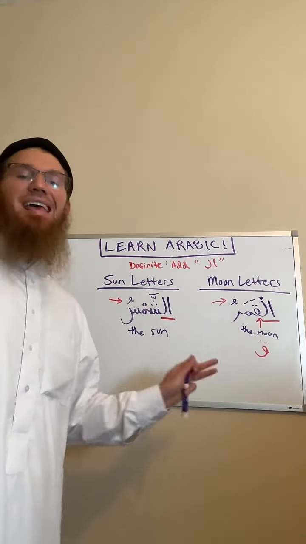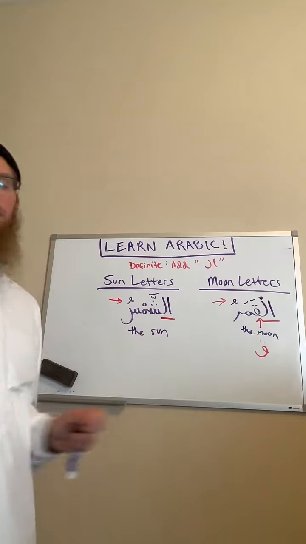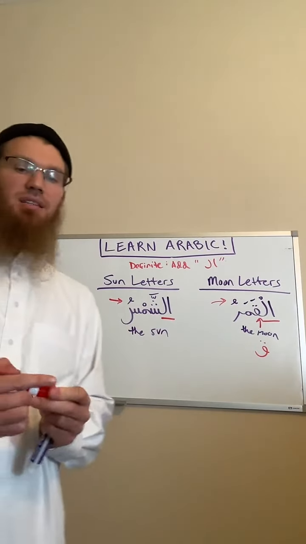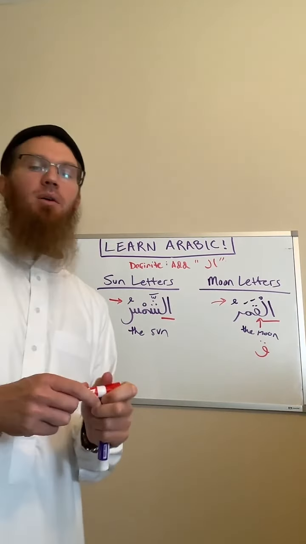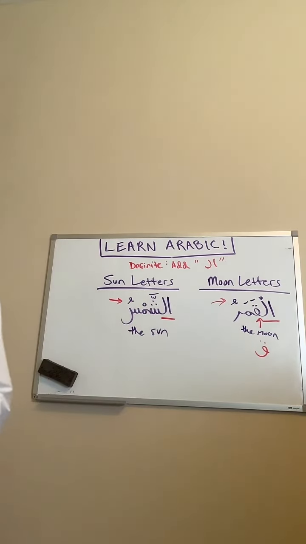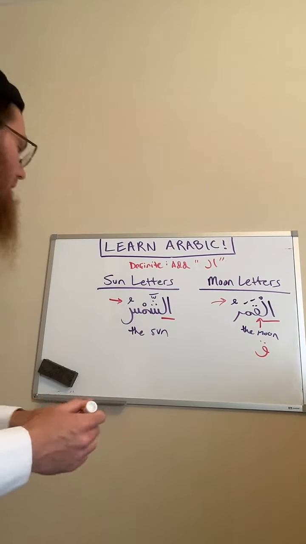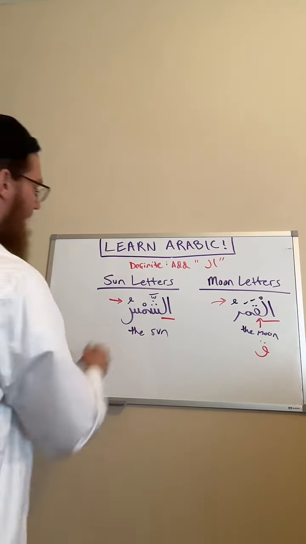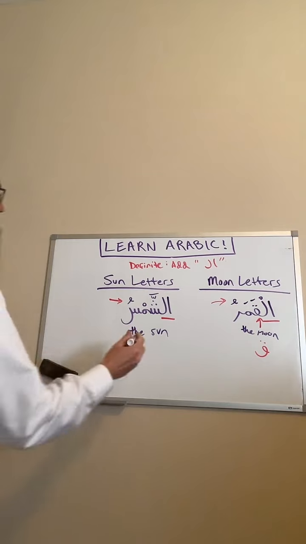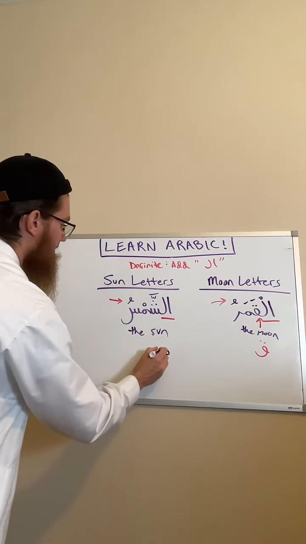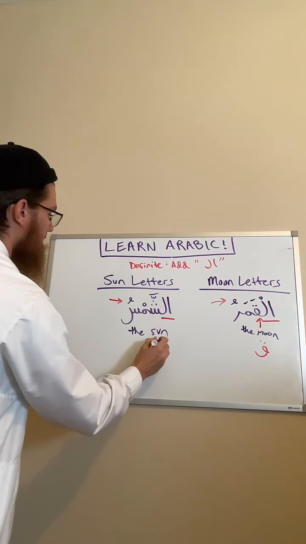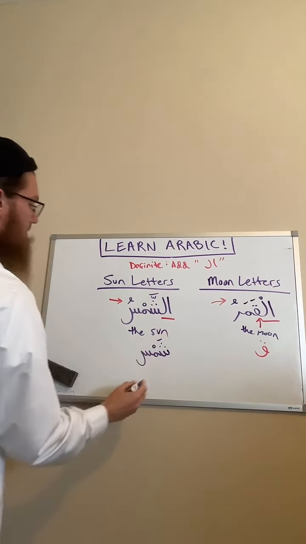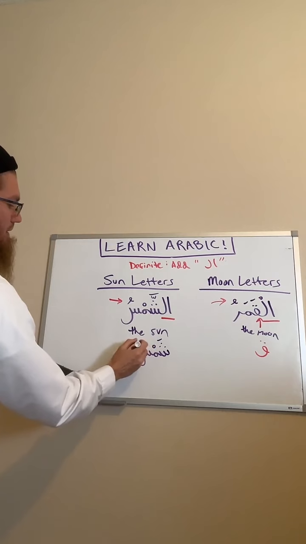If I wanted to say a sun, then how would I write this? Just to solidify the previous lesson, because this is what we went over in the previous lesson. If I wanted to say a sun, then what I would do is I would take away the alif lam, and I would add tanween.